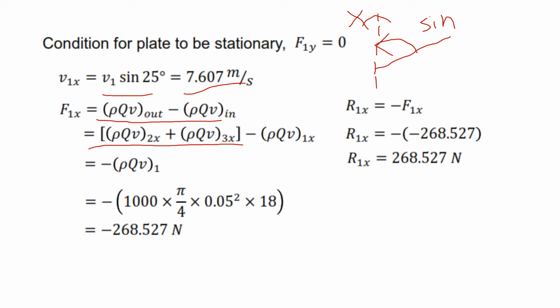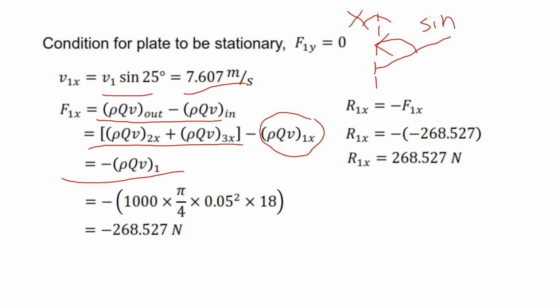So ada 2x and 3x. And then we need to minus the q in. Q out minus q in. After we simplify the equation, we get F1x equals to negative density times flow rate times V.